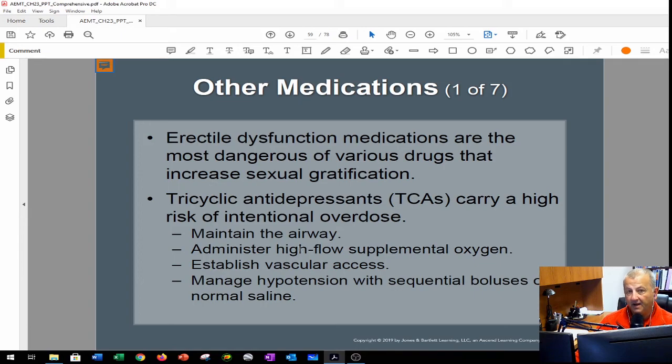And they're a nasty overdose because these folks can have, from taking too much, altered mental status, slurred speech, tachycardia, hypotension, and dilated pupils. When you see that in a patient and you're trying to put things together, think about overdose on a tricyclic antidepressant.